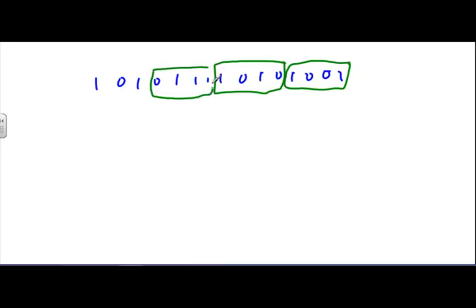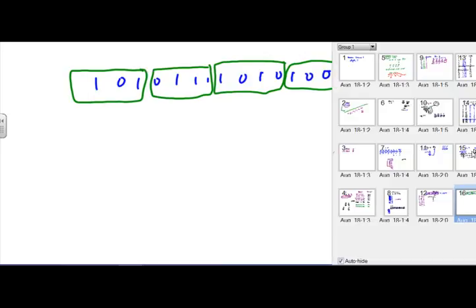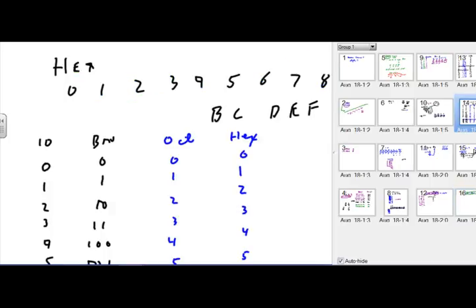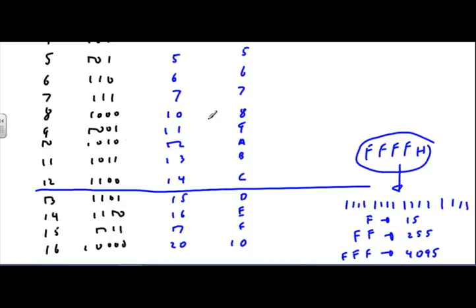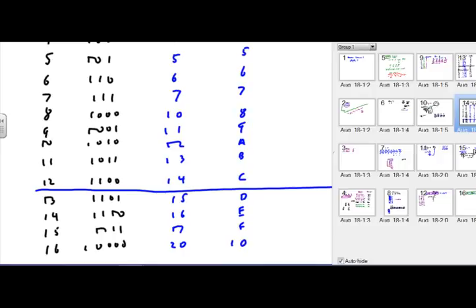Why group in 4s? The same reason I grouped in 3s last time when I went to octal. It's the 4s that give me the hexadecimal. Think of zeros in front, and those are groups of 4.